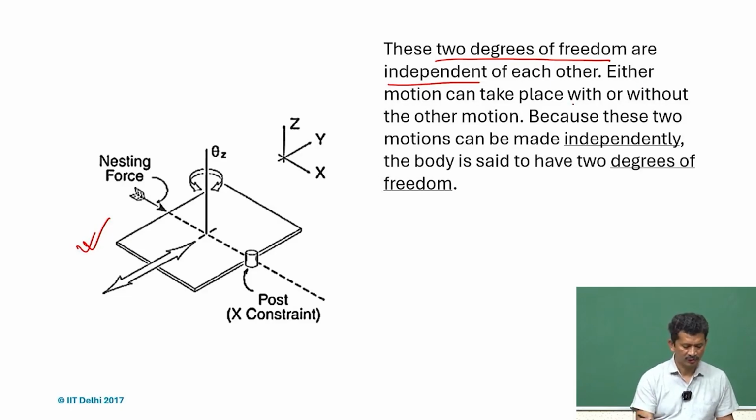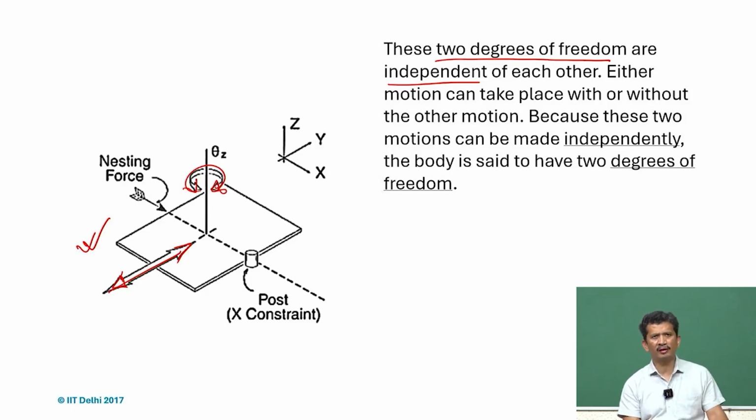So, if we want to give translation, we can provide translation even without giving any rotational motion and vice versa. If we want to rotate without giving any translation at a certain point, that also we can give. Elsewhere there will be translation and rotation as well.